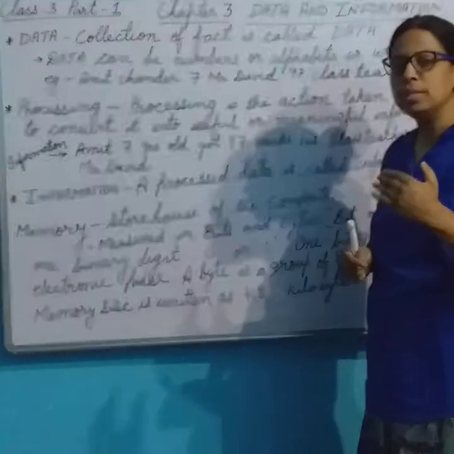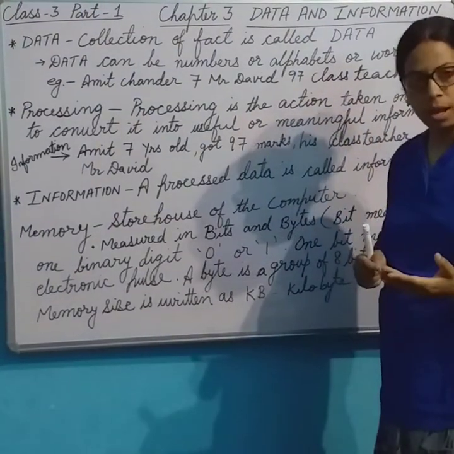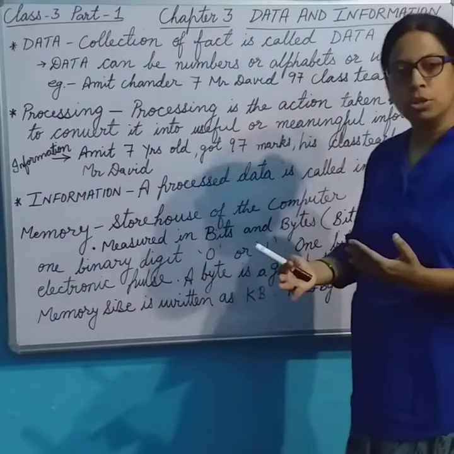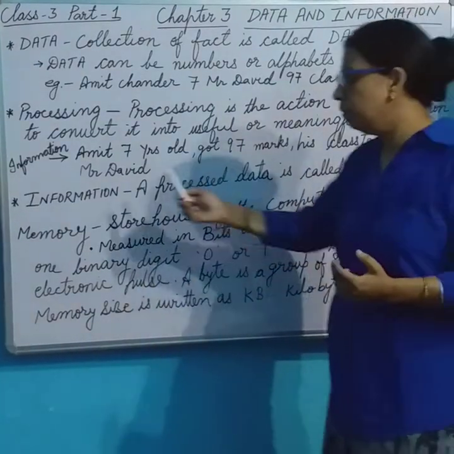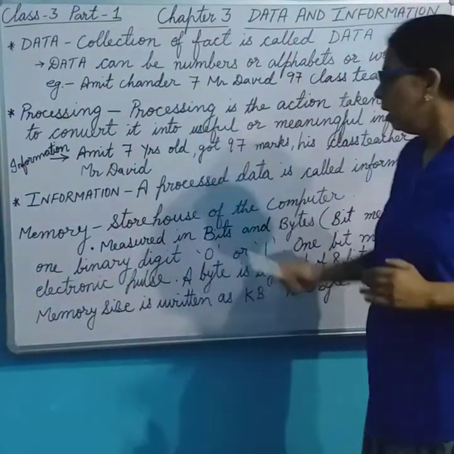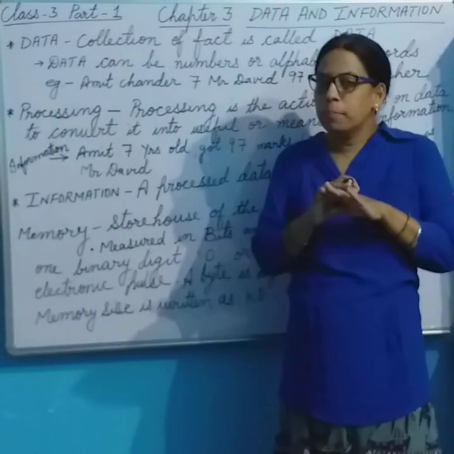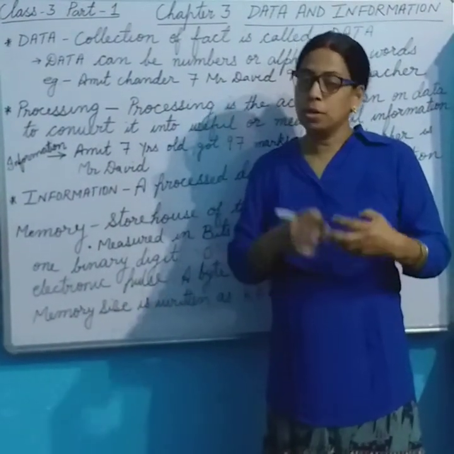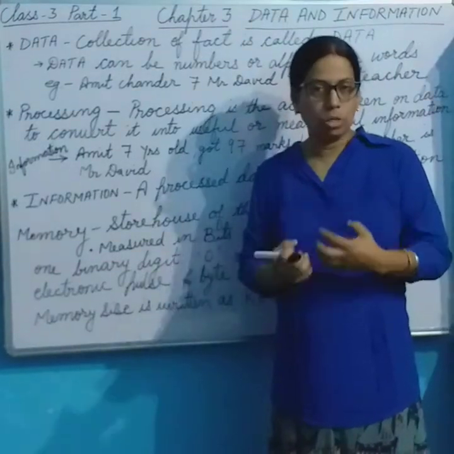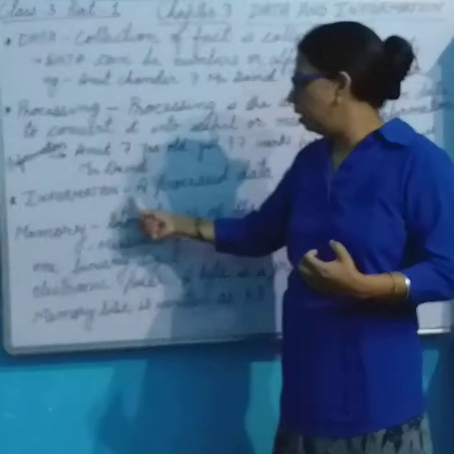Now what is information? Information is already processed data. The result, the outcome after processing the data, whatever outcome we get, that is called the information.